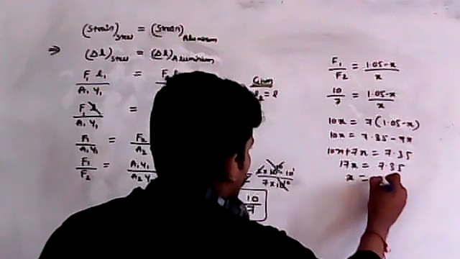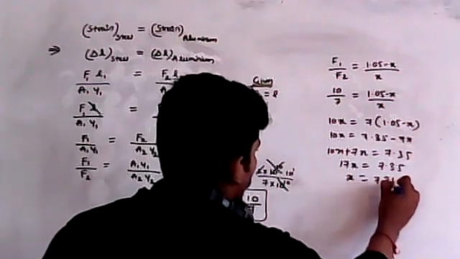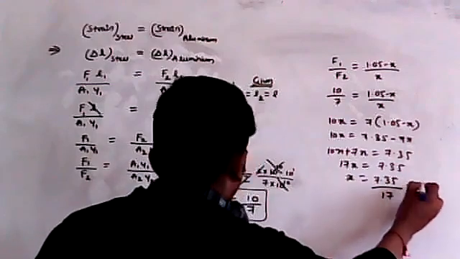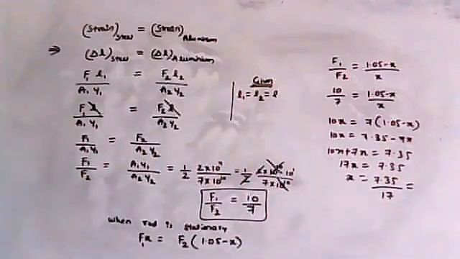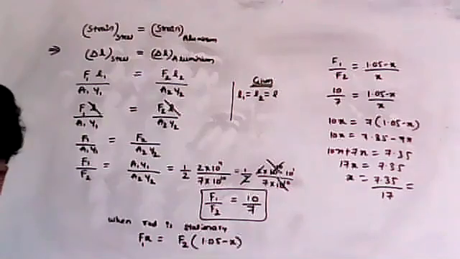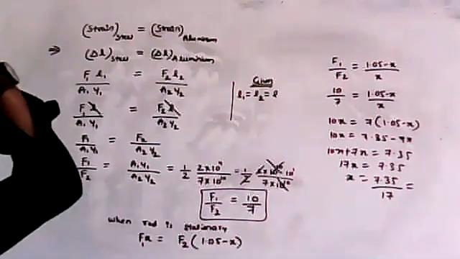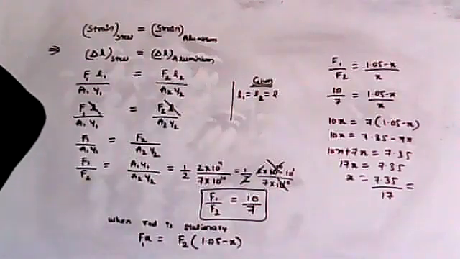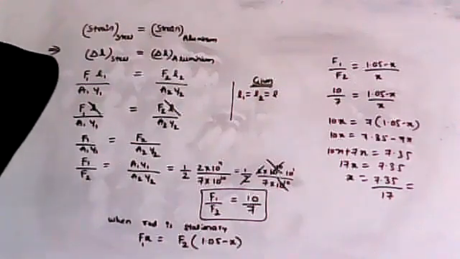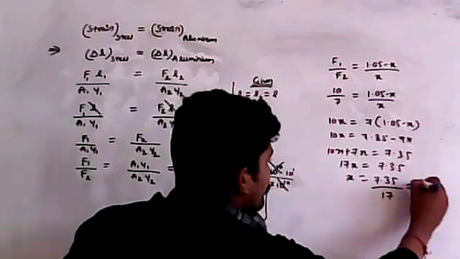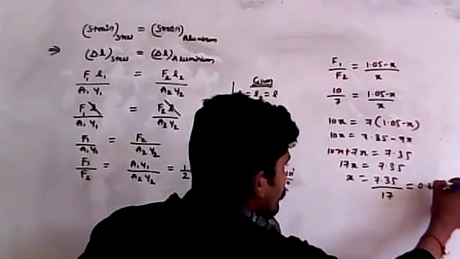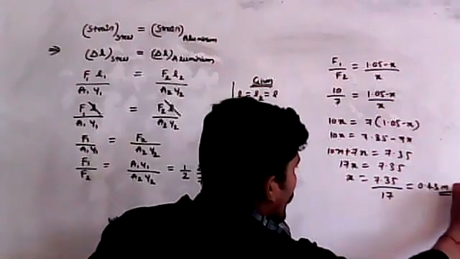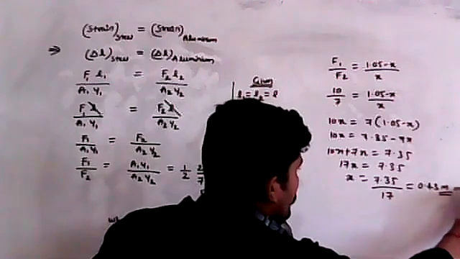X means 7.35 divided by 17. What will you get? All of you getting the same thing, right? Is it clear? Yeah, 0.43 meter, or we can write it as 43 centimeter.